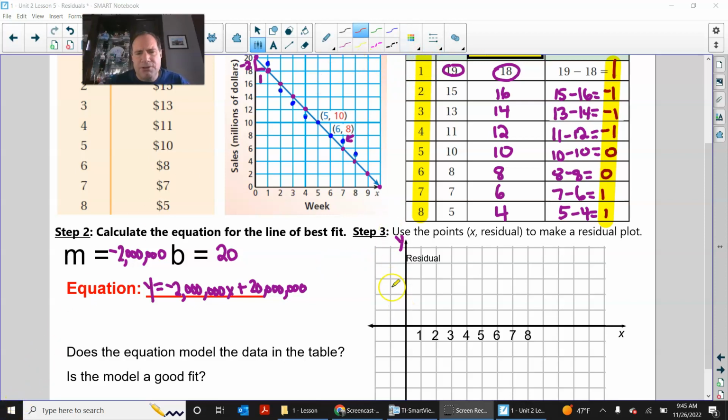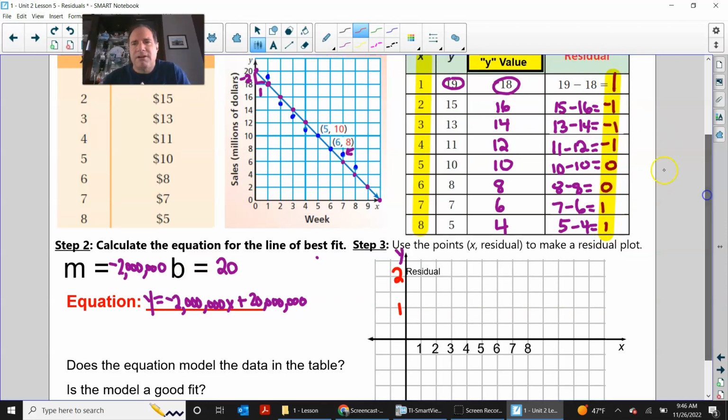I'm going to put some numbers here on the axis. I'm going to put 1 here, and I'm going to put 2 here. I'm going up on the Y's. I don't have to have a large residual, because if you look at all my residuals here on the right side of my graph, I'm not going above 1 or below -1.